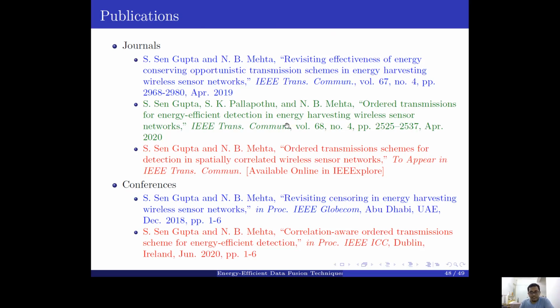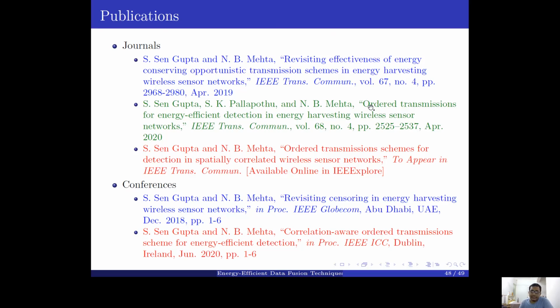These are the publications which have come out of this work. The blue ones denote the publications corresponding to the work on estimation. In this conference paper, censoring is studied in much more detail with additional performance measures, and the journal paper provides much more insights on the performance of OTA and ATO schemes.